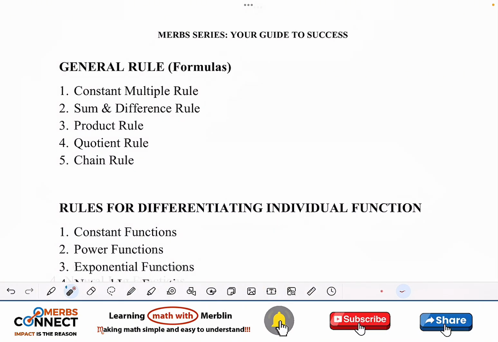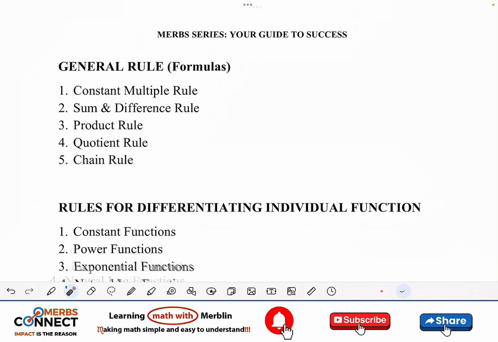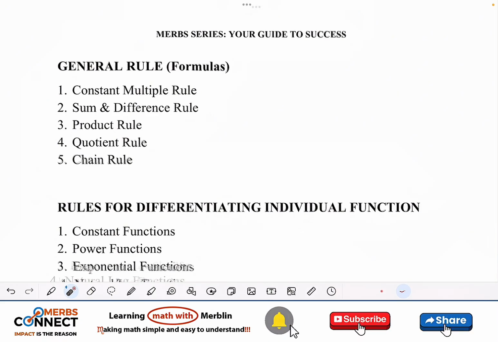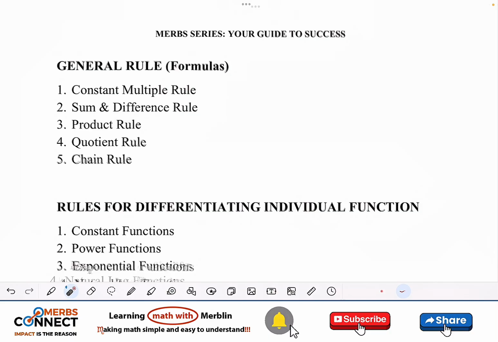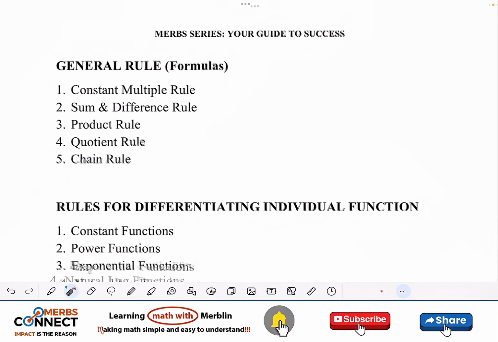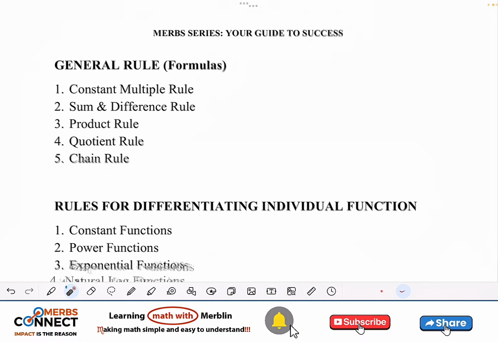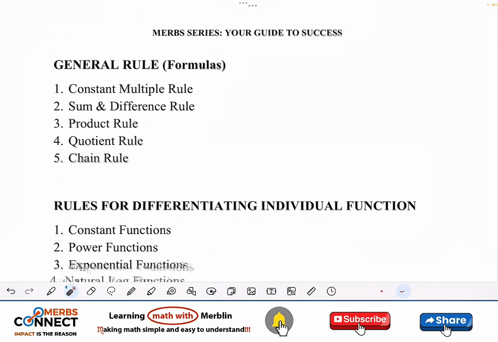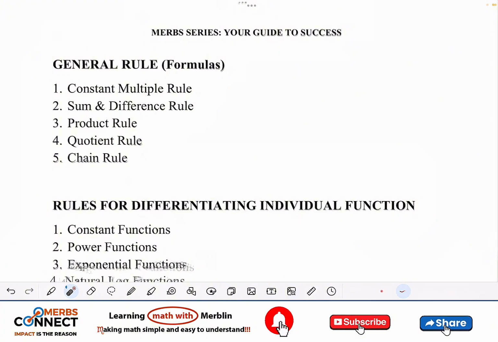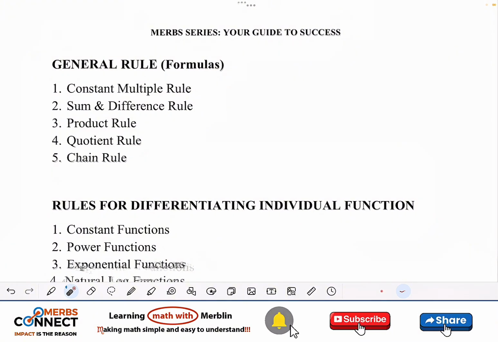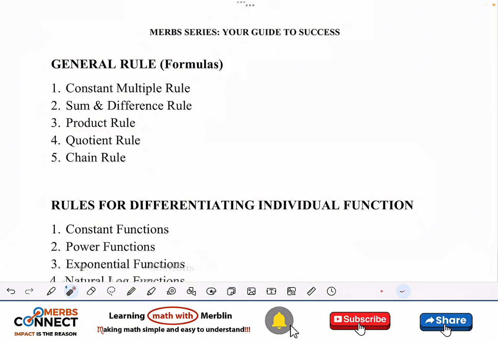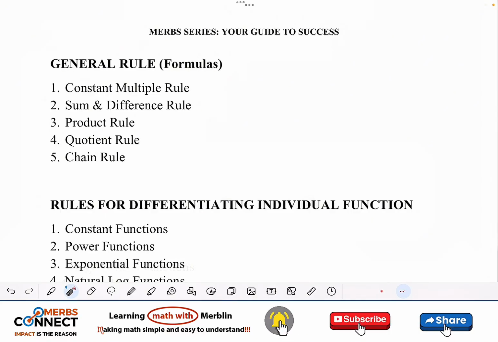You are the one that can do differentiation very, very well, right? And always I say that if you are very good with differentiation, integration will become a bonus. So please pay attention to whatever we are doing here and try to understand it, because when you are very good with this one, I'm not going to worry myself a lot about your integration because you are going to be very good with that one.